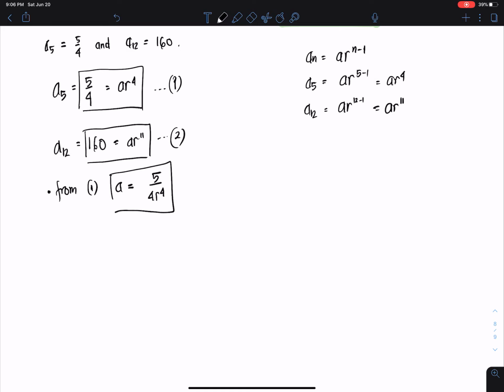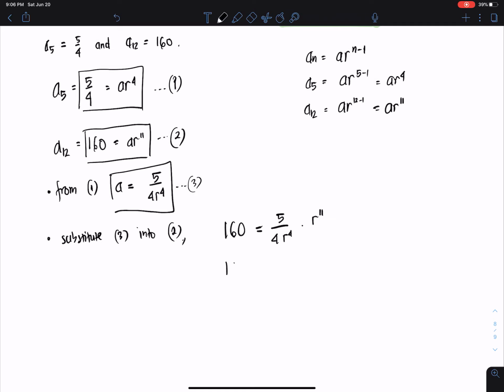Let me put this as the third equation. Now substitute 3 into 2. So we will have 160 equal to A as we have in the third, which is 5 over 4 r^4 times r^11.